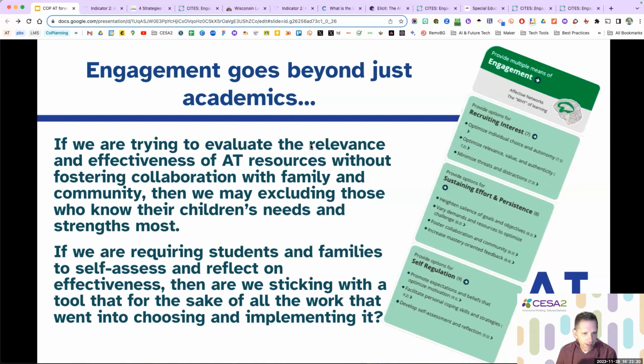And that can lead to a situation where if there's not an upfront relationship building and that trust with the families, that you trust them to provide input on this decision making, then down the road you may not be getting feedback from them, and then you might stick with a resource or a tool just for the sake of all the work that went into picking it, but yet they're not giving you the feedback that you need to say that that's really not working for them.